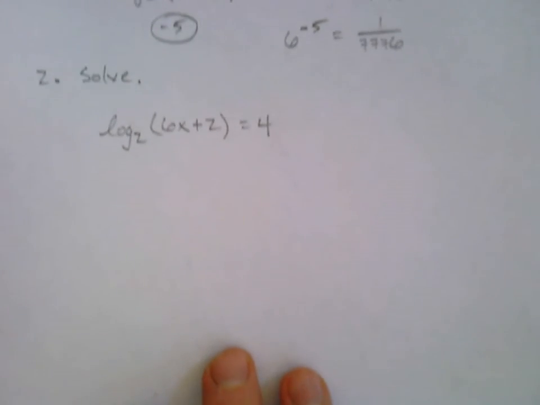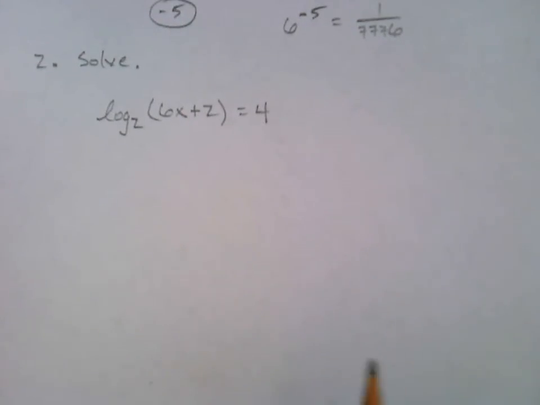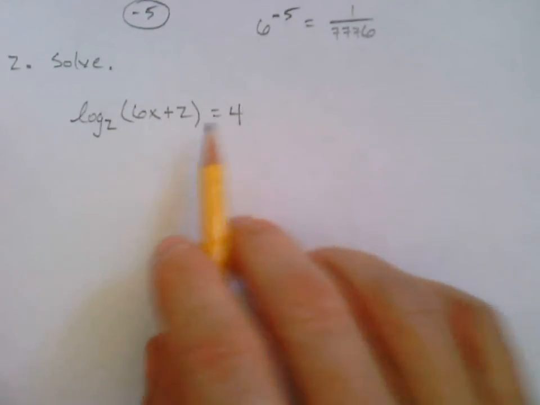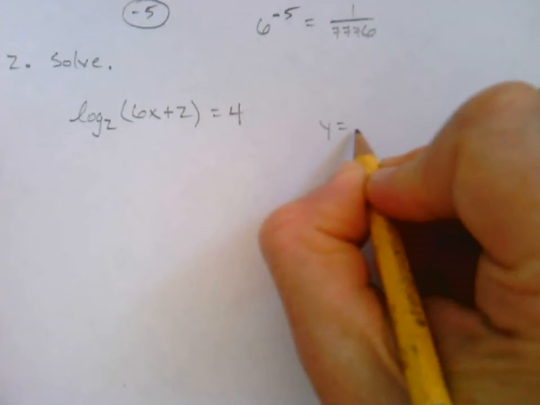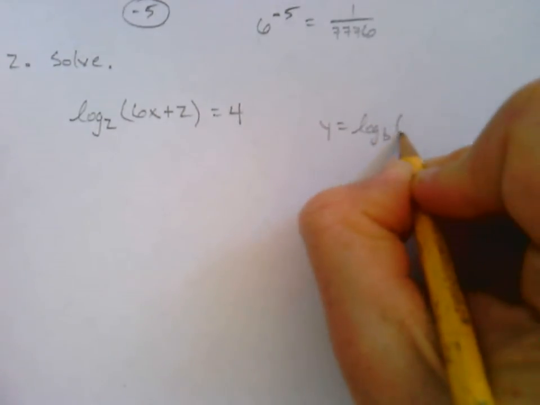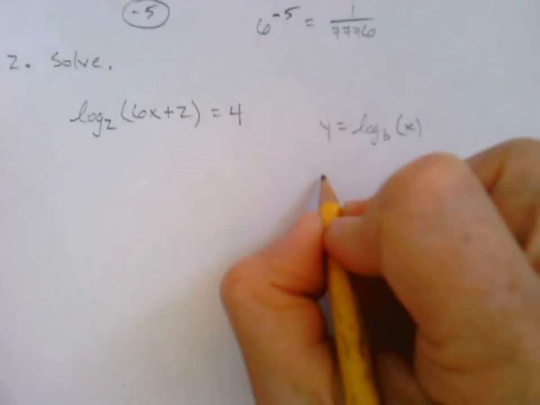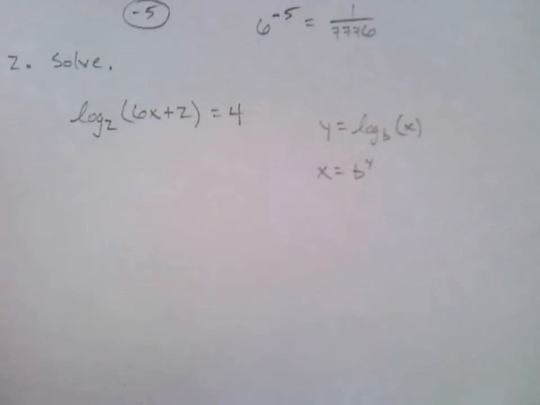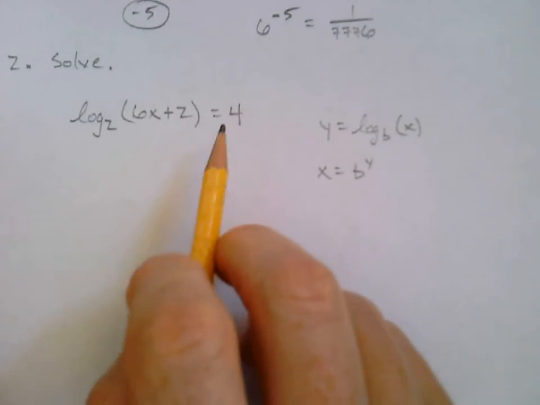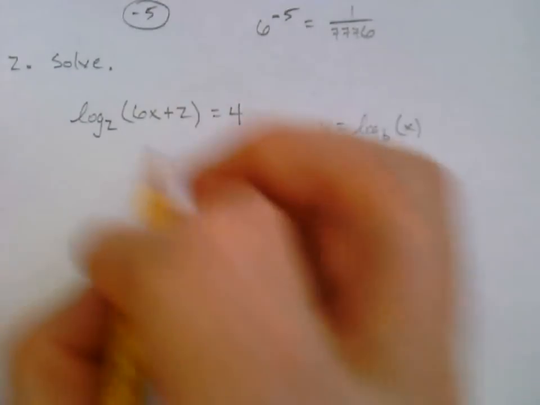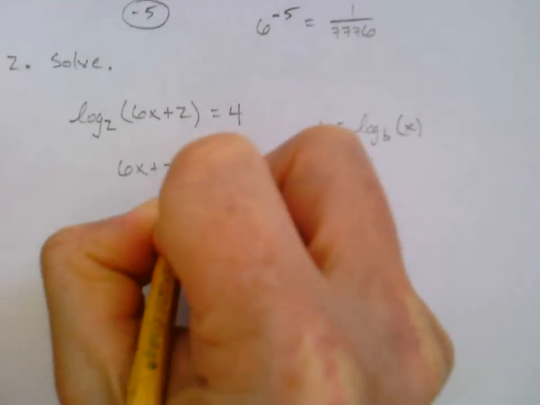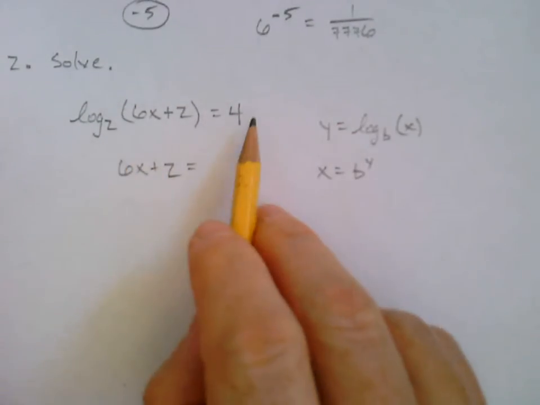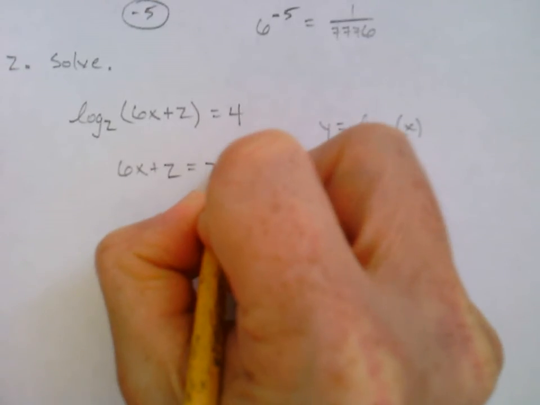Okay, finally, number 2. Solve. All right, what we're going to do, we're going to think of this as in the form y equals the log of x with base b. And we're going to write it in the more familiar style. So there's my x, 6x plus 2. There's my base, and there's my y. So that equals 2 to the fourth.